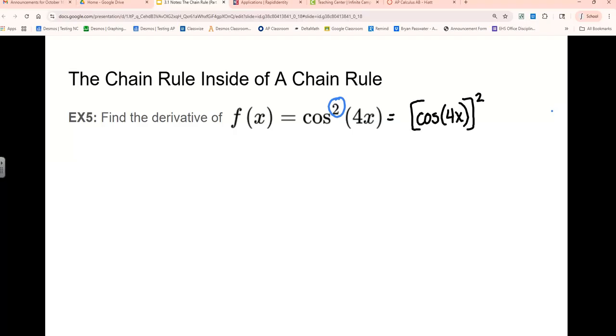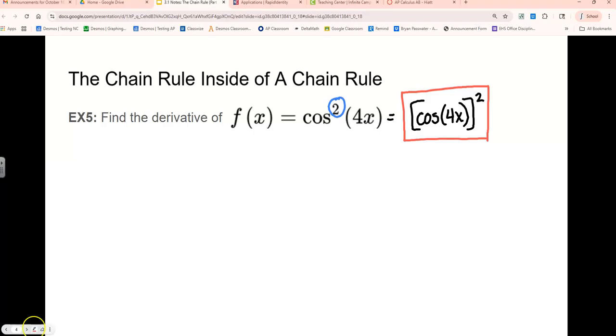Then you have to think about what the chain rule is going to look like for this one. This is not a product rule because you don't have, I mean, I guess you could make it a product rule. You could do cosine of 4x times cosine of 4x, but I would not go that route. We're looking at that being raised to the second power as our outside.